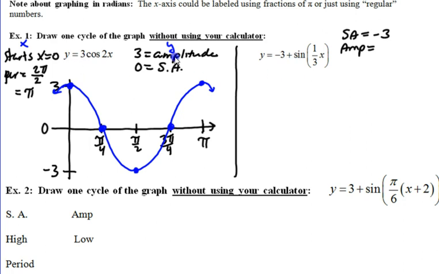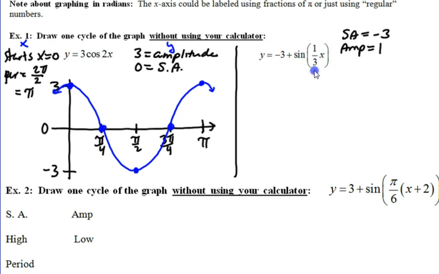Well, the amplitude is always the number that's multiplied times the sine or cosine function. In this case, it would be 1. So these tell me my important values in the y direction. Notice that if I'm starting at -3, the highest I could go would be -2, and the lowest would be -4, because I'm adding and subtracting 1 from -3.